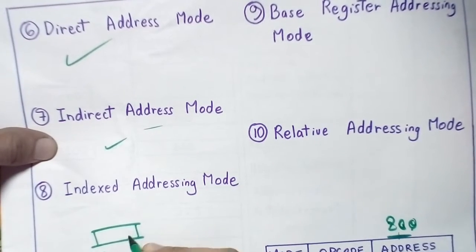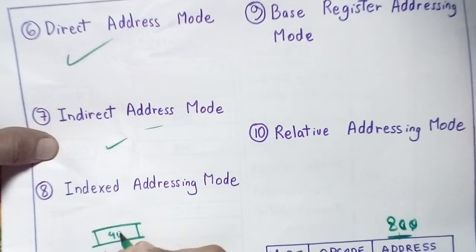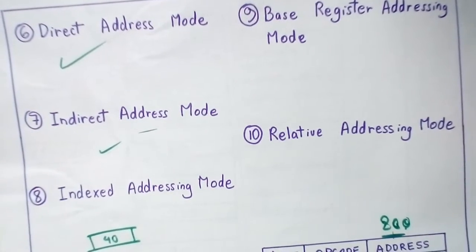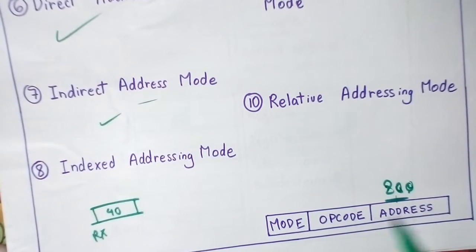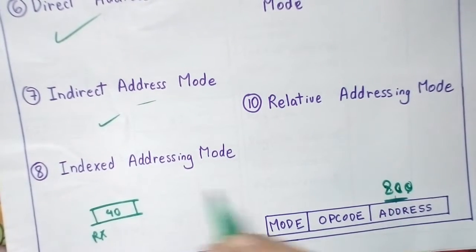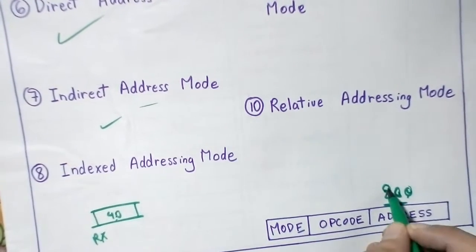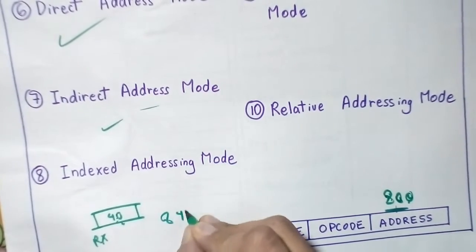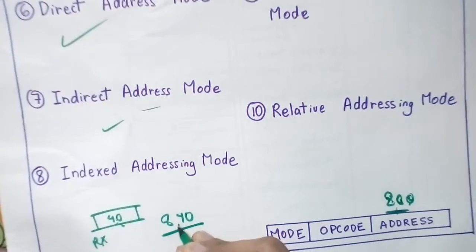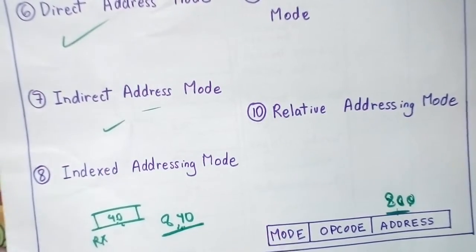In this index register there will be some particular value, like 40. The address specified in the instruction code is added with the value of Rx, so it will be 840. At 840 we'll find the value of the operand.